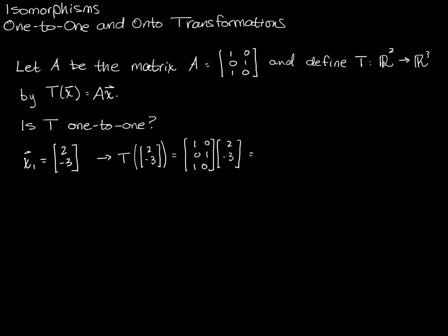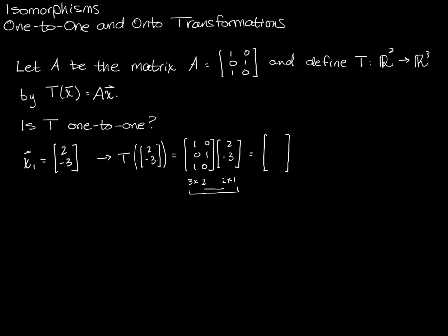And I'm going into R3, so my result should be a vector in R3. That should be obvious because this is a 3 by 2 matrix and this is a 2 by 1 matrix, so I can do the multiplication and the result will be a 3 by 1 vector.